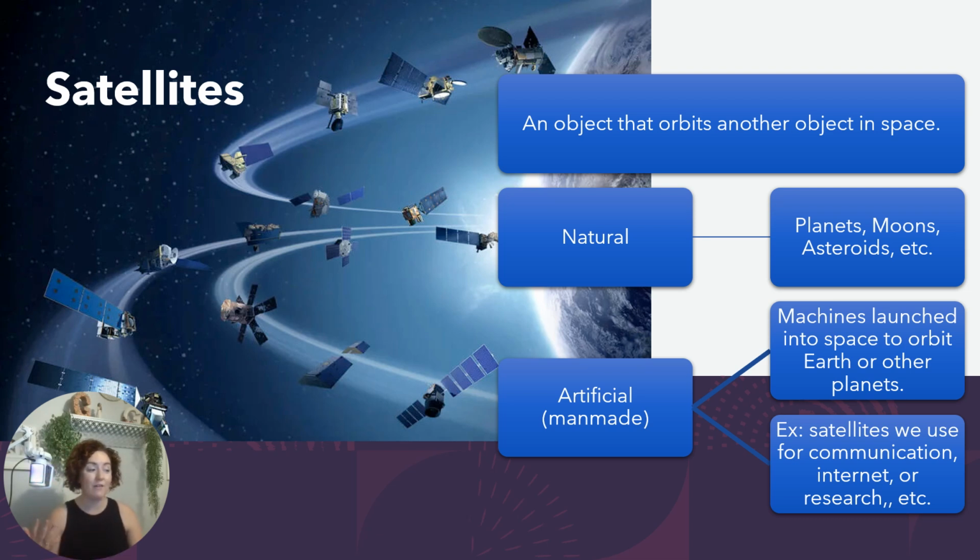Now, we do have artificial satellites or man-made satellites. These are the machines that we launch into space to orbit the Earth or other planets in order to gain information. Now, these can be satellites that we use for communication or internet, but most importantly, these are satellites that we use for research.